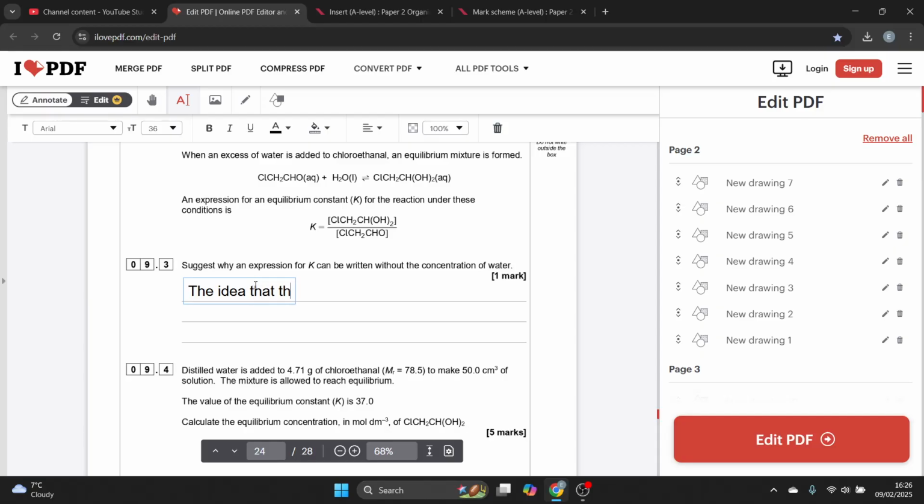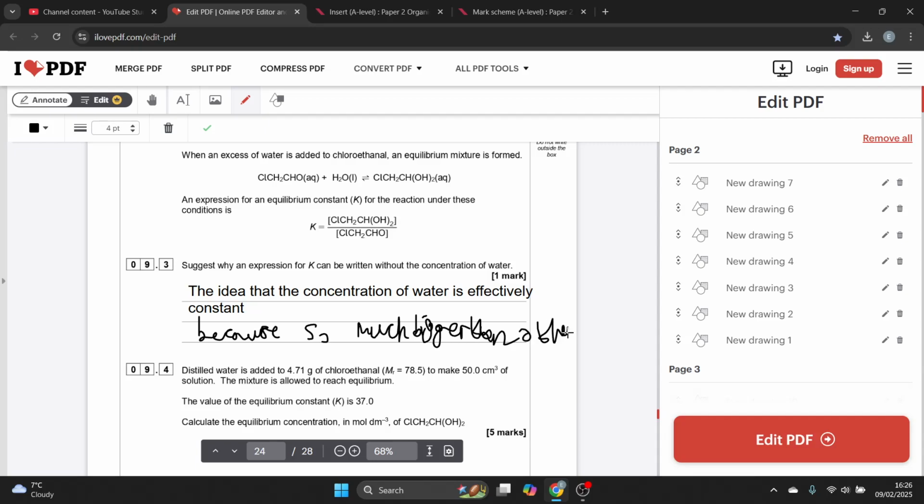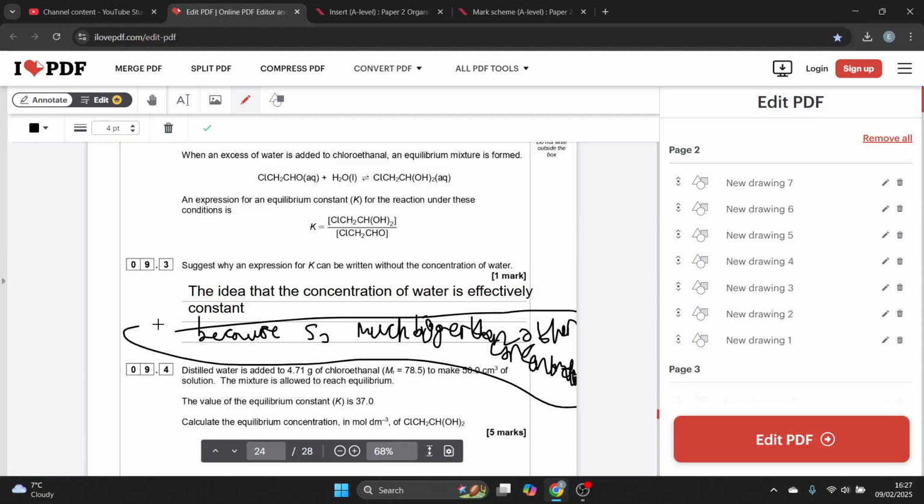The idea is that the concentration of water is effectively constant, because it's so much bigger than the other concentrations. The concentration of water is effectively constant because it's so much bigger than the other concentrations.